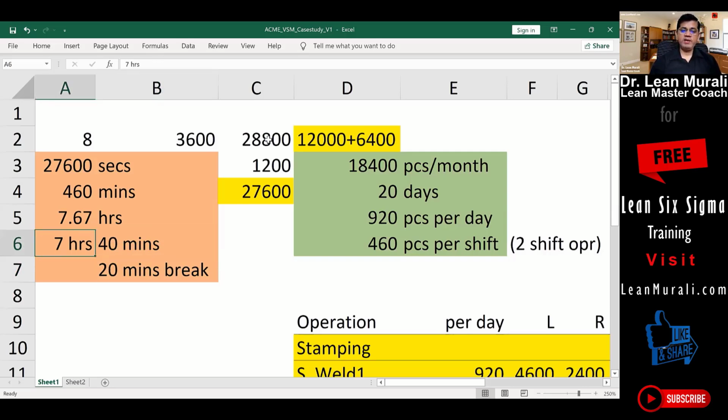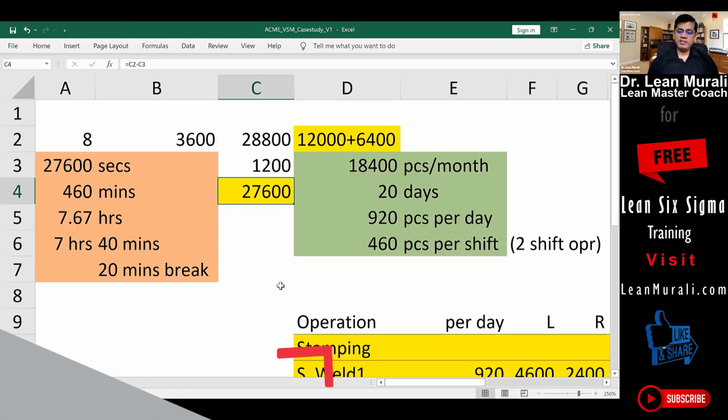Okay, so 7 hours 40 minutes, that is equivalent to 27,600 seconds, the available time. So you have a total of 28,800. You have 20 minutes break. There is some lunch time, tea time and all that. And now things are very simple.